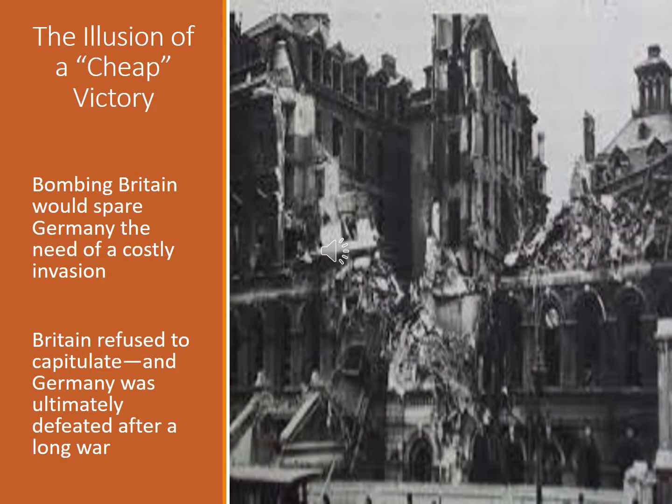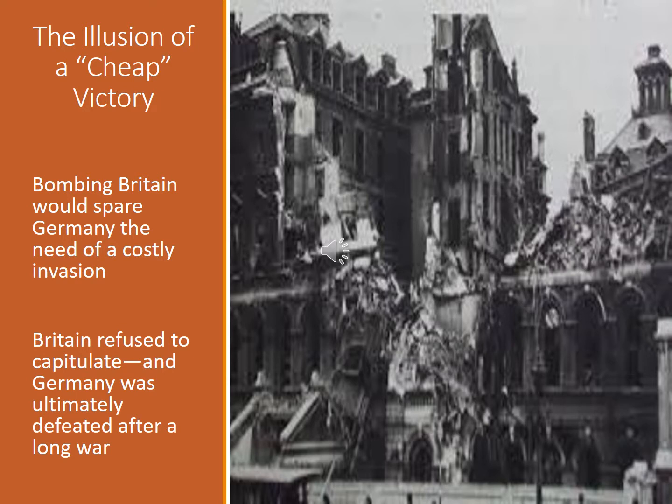In World War II, we see the Germans again try to cheapen the cost of what they saw as their eventual victory by merely bombing London and Great Britain rather than doing the actual invasion. If you recall from your history, Germany had been running roughshod over Europe after 1939, the invasion of Poland. They had taken possession of a lot of territory around Europe, and it was going to be very difficult and expensive for them to mount an amphibious assault to take control of the British Isles.